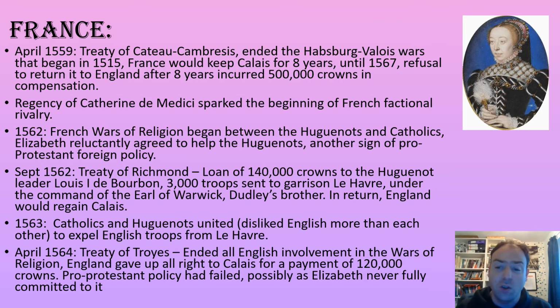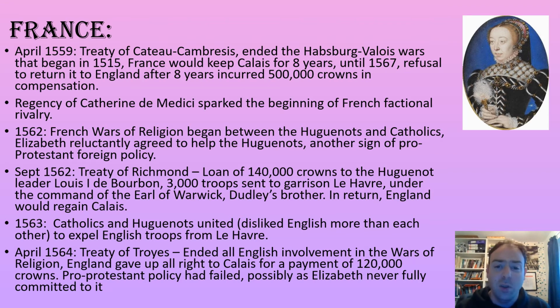There's huge factional issues in France, and then there's the French Wars of Religion, and we've got French Protestants who are referred to as Huguenots who are fighting against the Catholics. Again, we see signs of pro-Protestant foreign policy, where Elizabeth is agreeing to kind of reluctantly help the Huguenots.